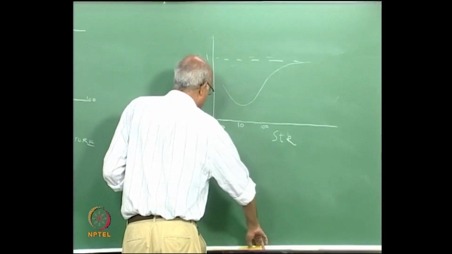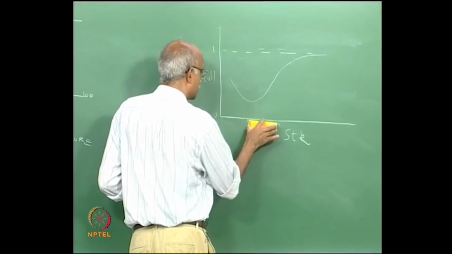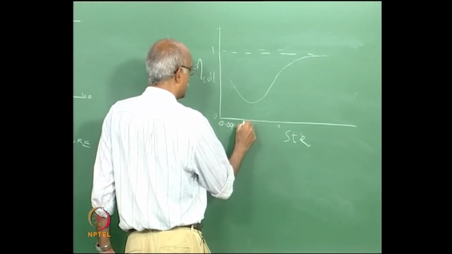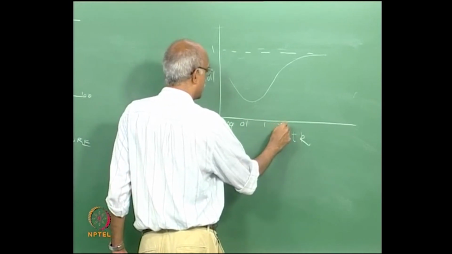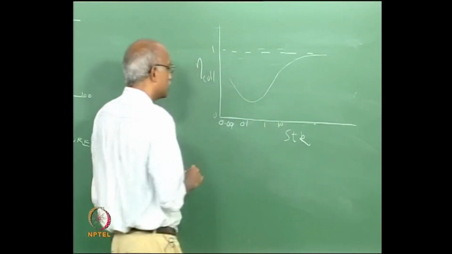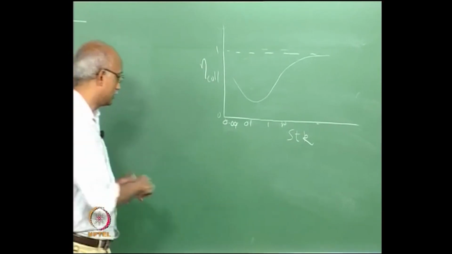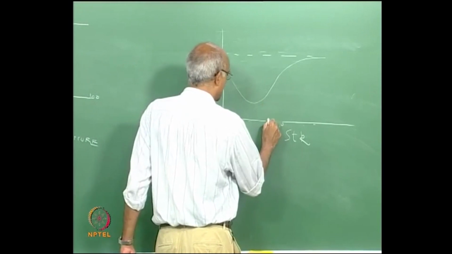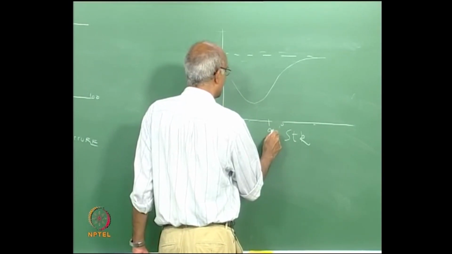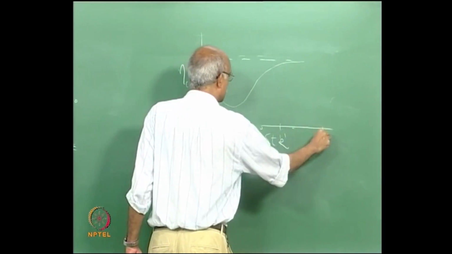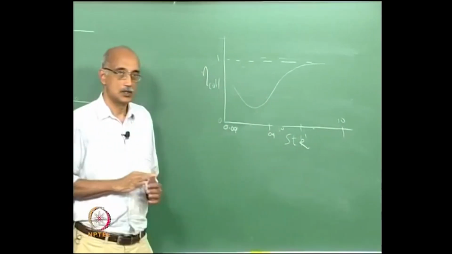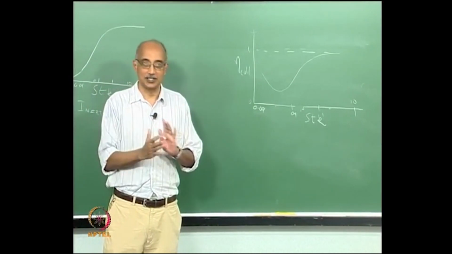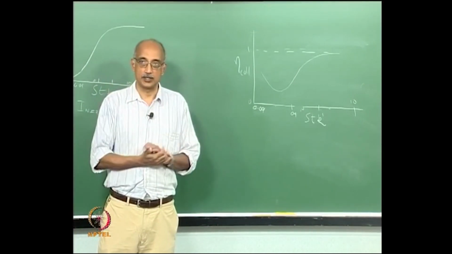So here again the Stokes number is 0.001, 0.1, 1, 10 and so on. The minimum occurs below 0.1 microns, and then as you start crossing 0.1 in Stokes number, you start to see an increase in your collection efficiency.